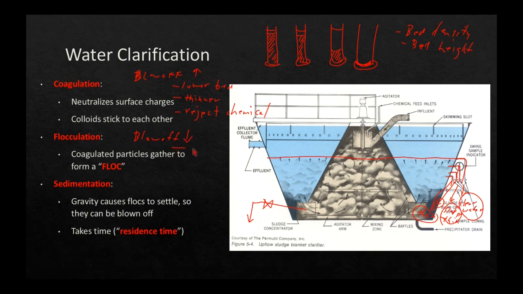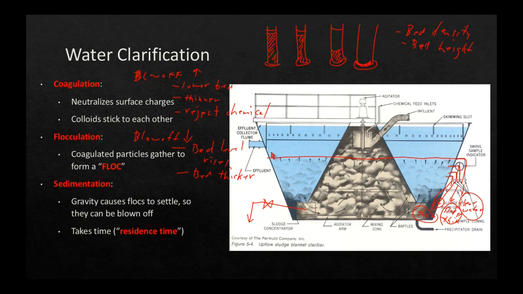So when we decrease the blow off, bed level rises, just simply because we're not discharging as much sludge, and the bed becomes thicker. Okay, so these are some of the things that we can do during operation to look at the bed level and adjust it properly.